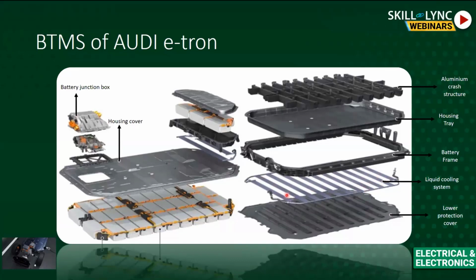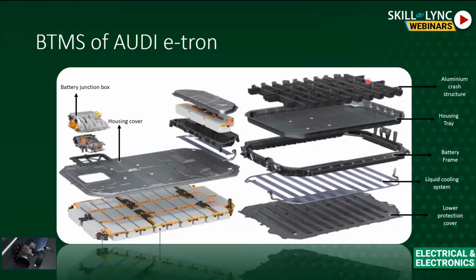As we discussed in the first slide, a battery thermal management system consists of heating, cooling, insulation and ventilation. This tray and this lower protection part are the insulation of the battery pack, where we avoid outside heat or outside temperature coming in.